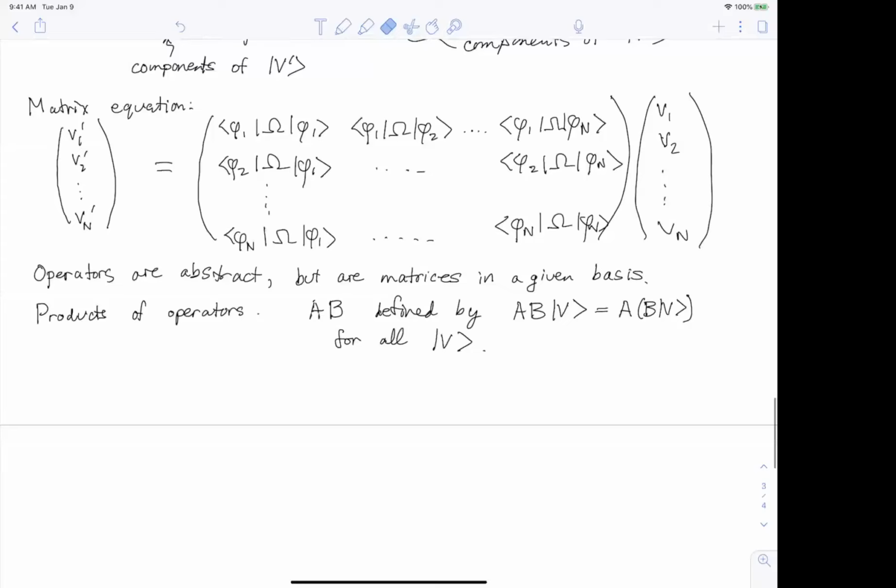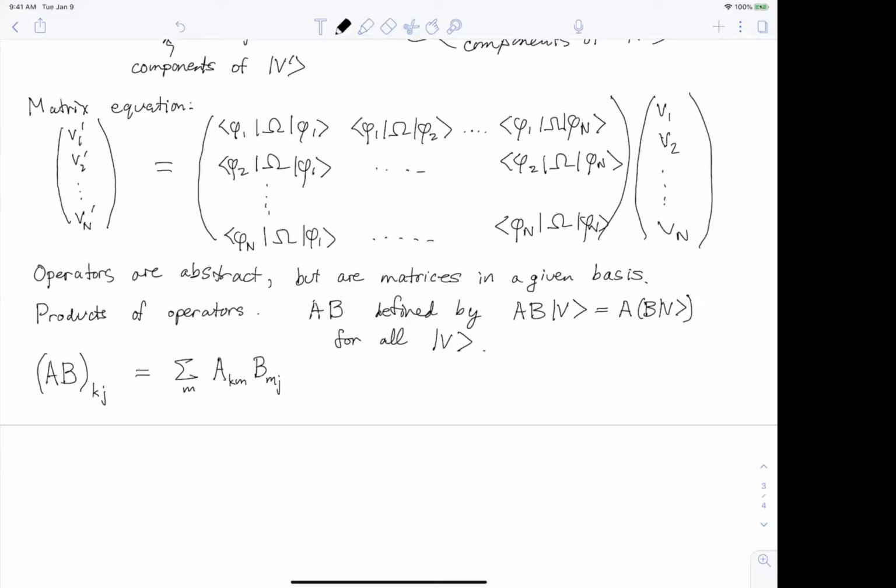So if I do that, then it's a nice fact that the matrix for AB just obeys matrix multiplication. In other words, if I take A times B in an orthobasis and ask what its matrix elements are, the kj element is equal to the sum over m of A_km times B_mj.